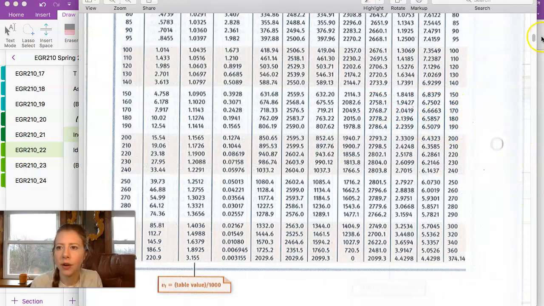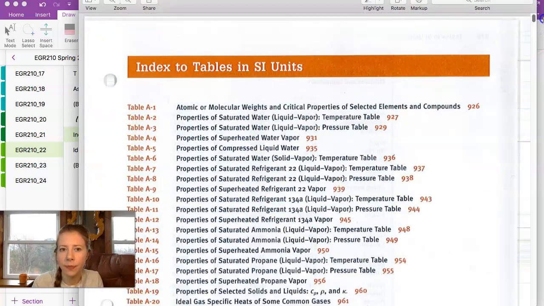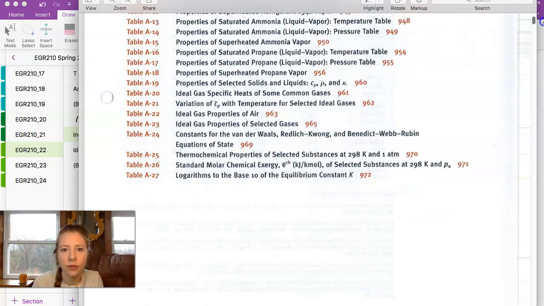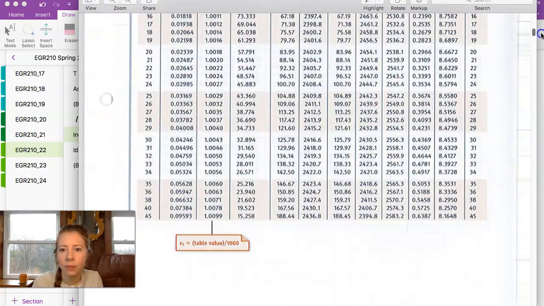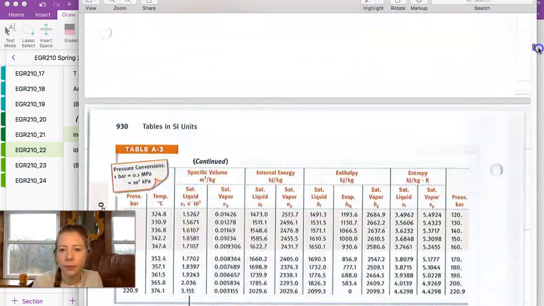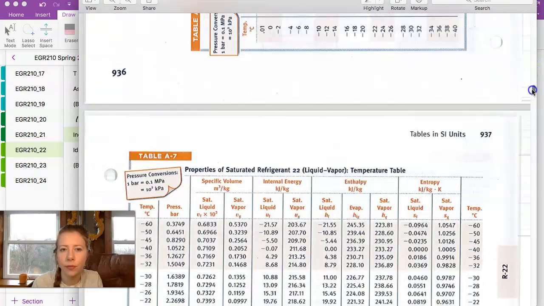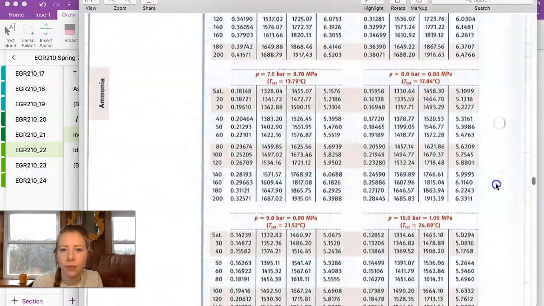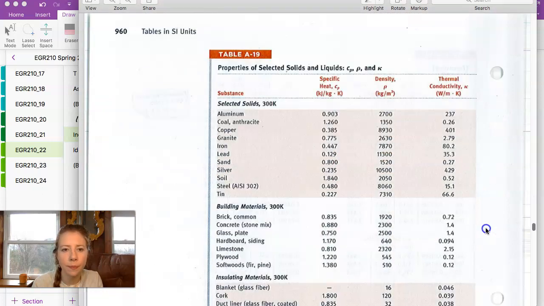All right, so I'm in our tables, and you want to find C. So we're going to be at specific heats. There we go.